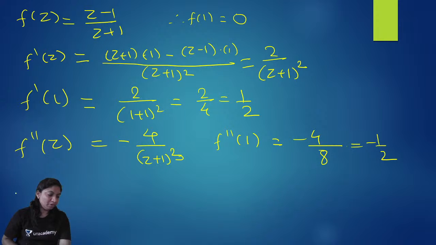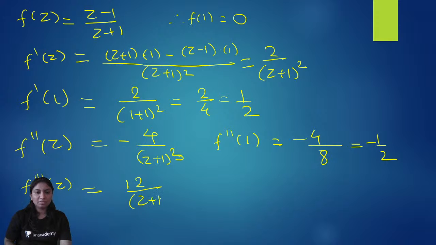Now, by Taylor's theorem, you can calculate f triple dash of z. z plus 1 bracket raised to minus 3 differentiates to minus of minus 3, so plus 12 into z plus 1 bracket raised to minus 4, right?